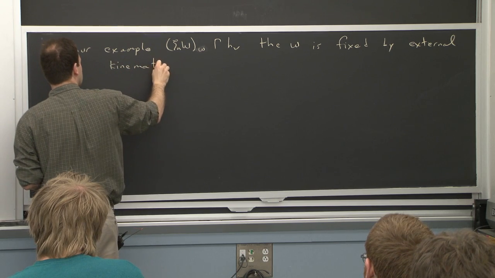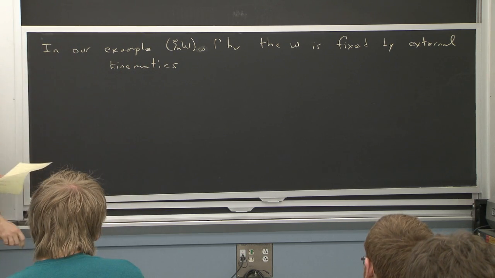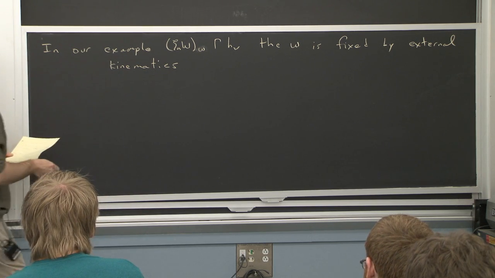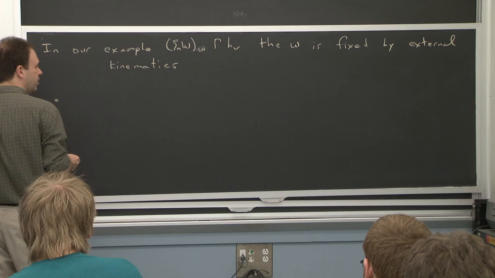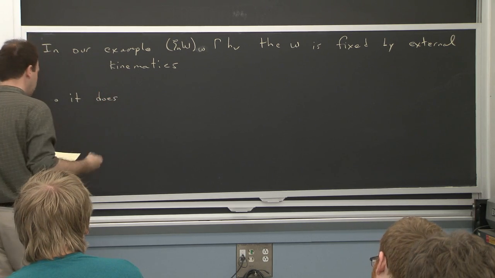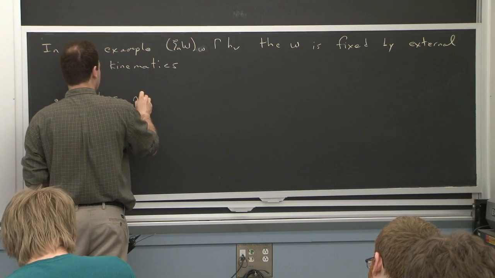So there's, in some sense, two parts of this statement. There's the fact that it's external, and then there's the fact that it's fixed to something. Let me first deal with the issue of it being external. What that means is it does not involve loop momenta.